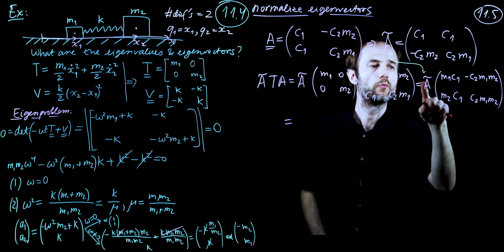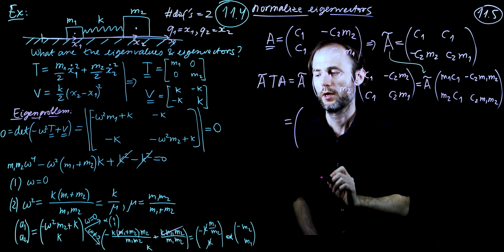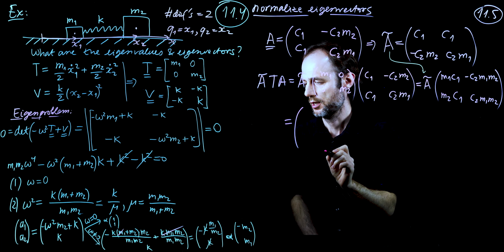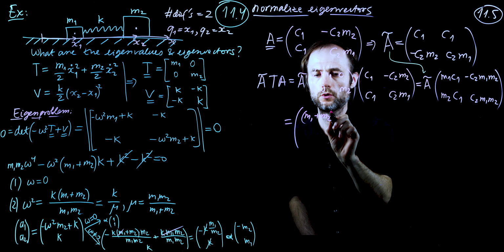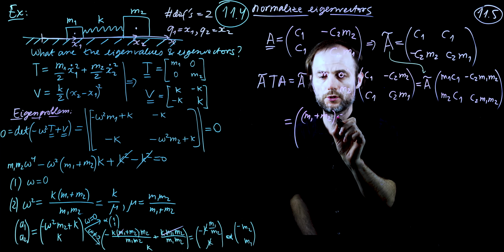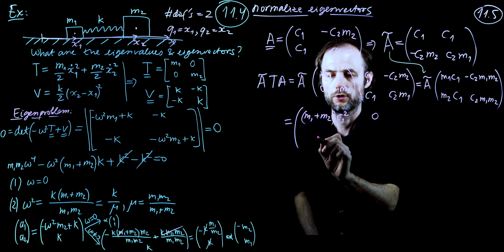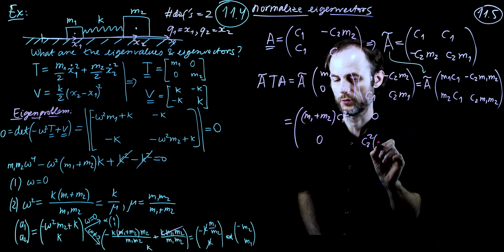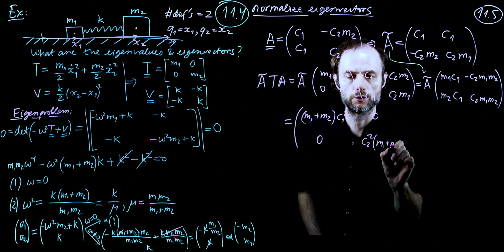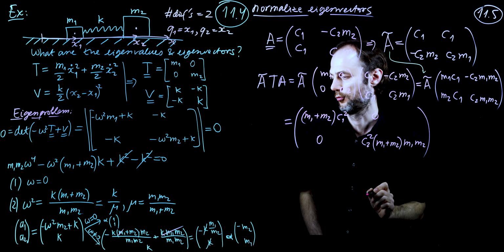When we multiply this, you will see that a lot of terms combine, and what we're going to get is M1 plus M2 times C1 squared, 0 over here, 0 over here, and C2 squared times M1 plus M2 times M1 M2 over here.